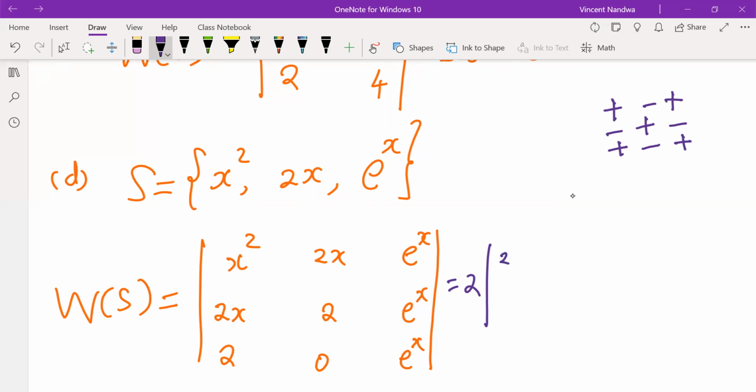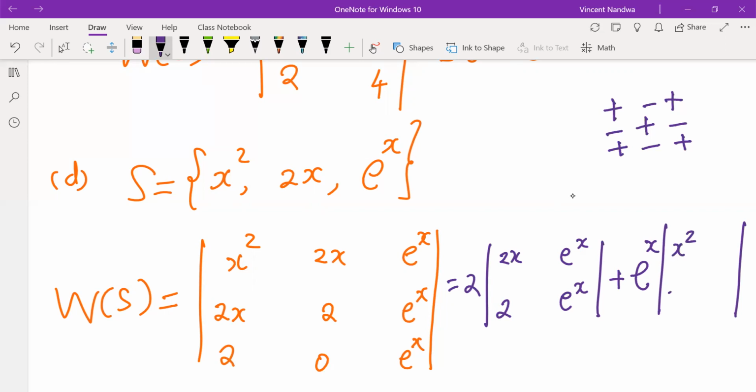So you have 2x, 2, e^x, e^x, minus, so this is 0, so there's no need of writing it, then just plus e^x, because already this will be 0 times the sub-determinant, which is just 0. So delete this, we have x squared, 2x, and then 2.